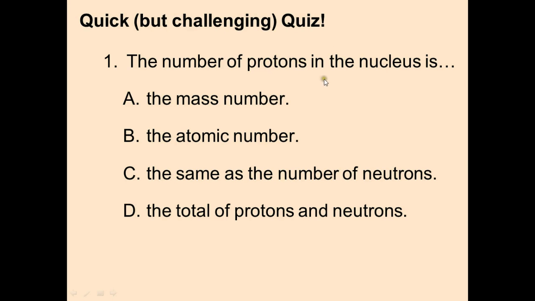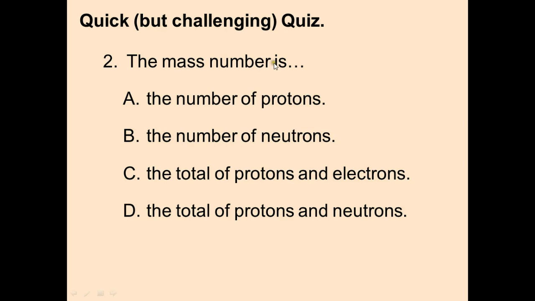If you remember, atomic number is the same thing as the protons. So the answer is the atomic number, because after doing a few problems, you know that the atomic number tells you the number of protons and also the number of electrons.